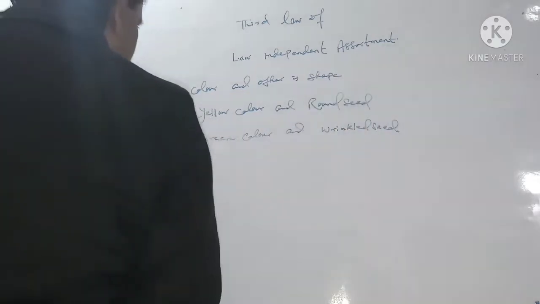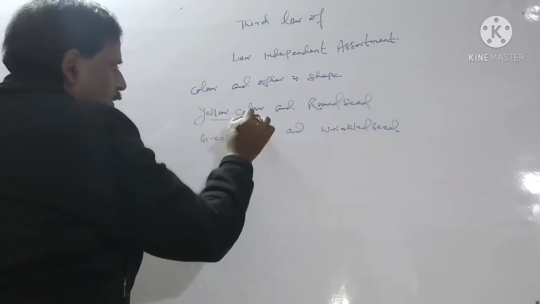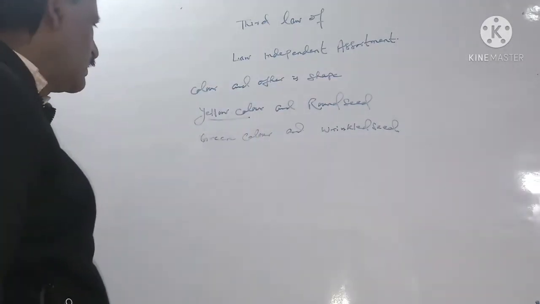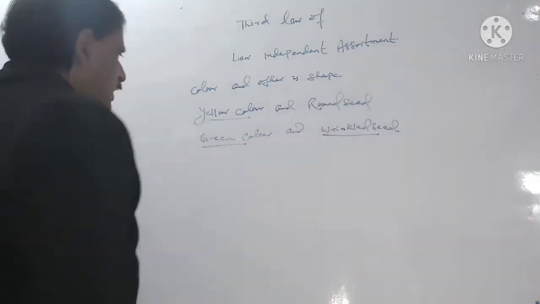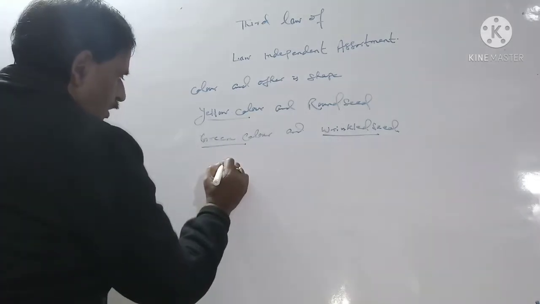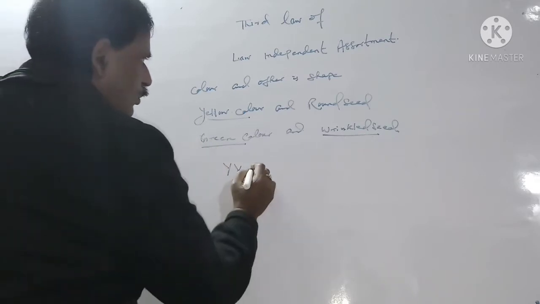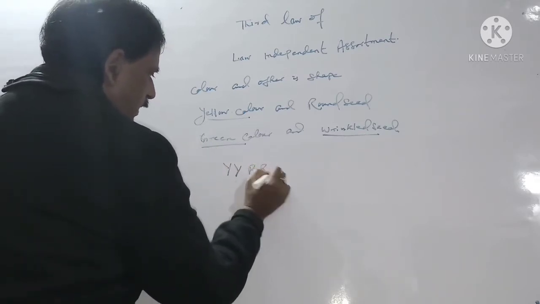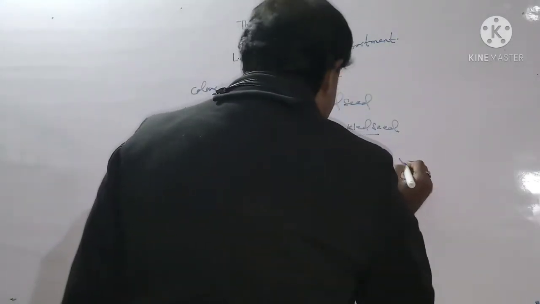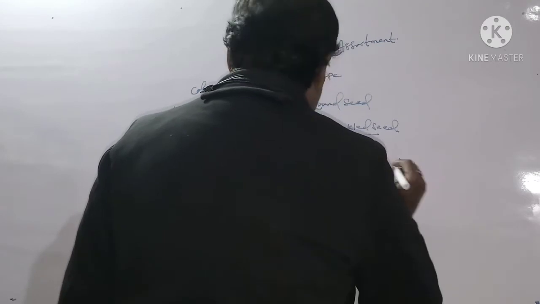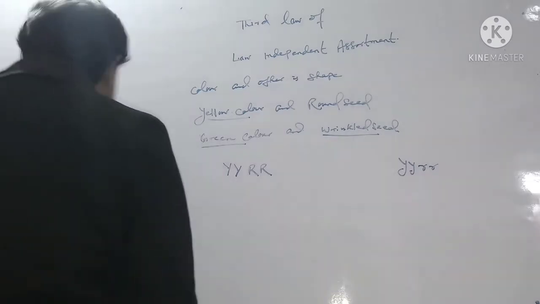When you take a dihybrid cross, one character is yellow color, round shape, and the other character is green color and wrinkle shape. Yellow color is called capital Y, and the round shape is called capital R, while green color is small y, and wrinkle shape is called small r. That is called dihybrid cross.